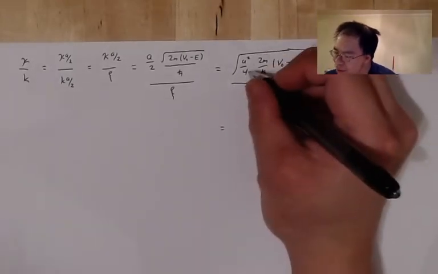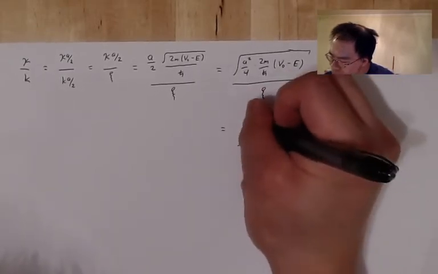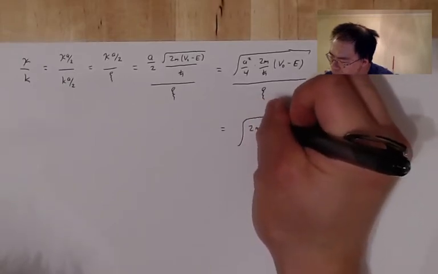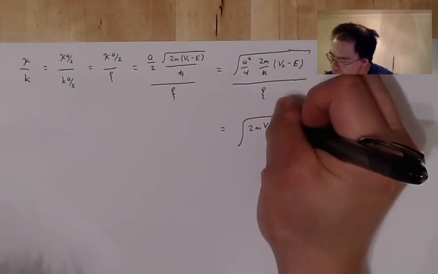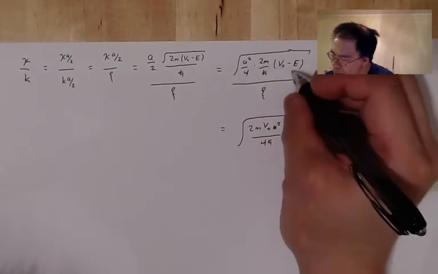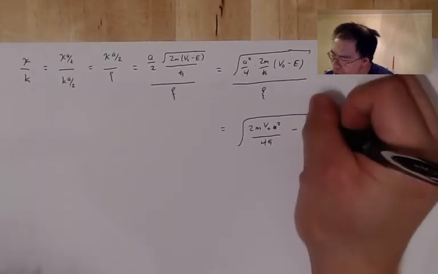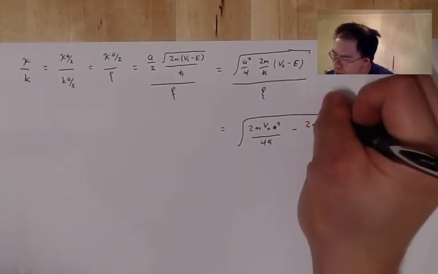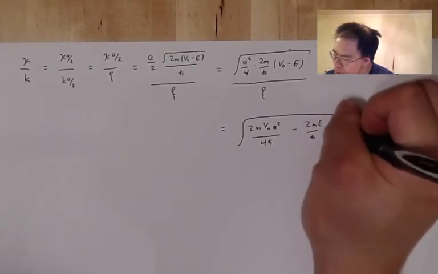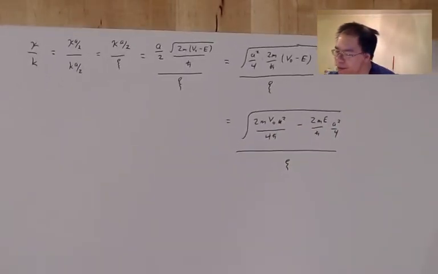If I multiply this all in, this gives me 2 m V naught a squared over 4 h bar, and then multiplying all of this by that, this gives me a minus 2m E over h bar times a squared over 4, and xi there in the denominator.